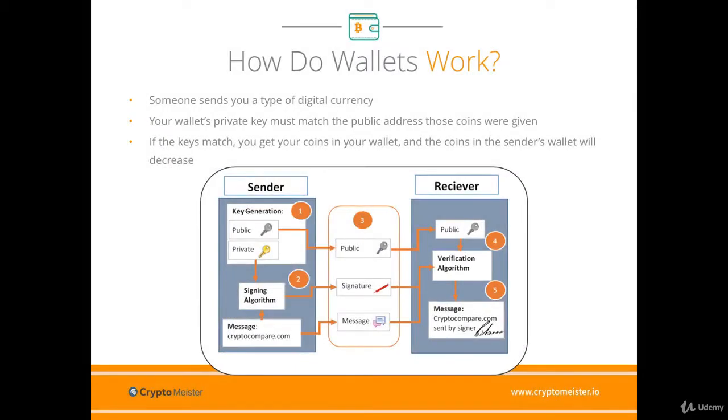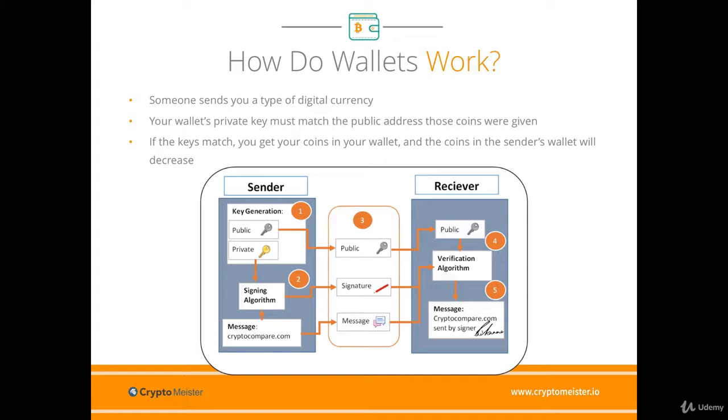Cryptocurrency wallets function very differently from traditional wallets, and people do tend to get a little bit confused about how they work. As I mentioned before, they don't store your coins, and they aren't located anywhere physical. Remember, all the records in cryptocurrency trading are recorded and stored on the blockchain of the currency you are trading in. Here is the overall process of a transaction. Somebody sends you a type of digital currency.